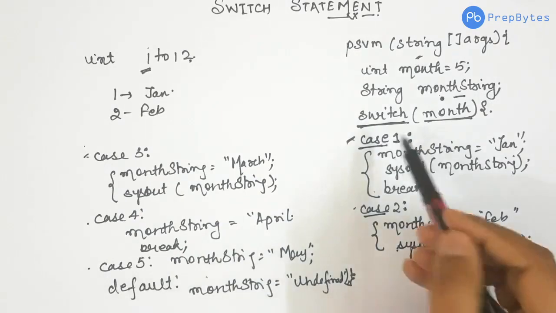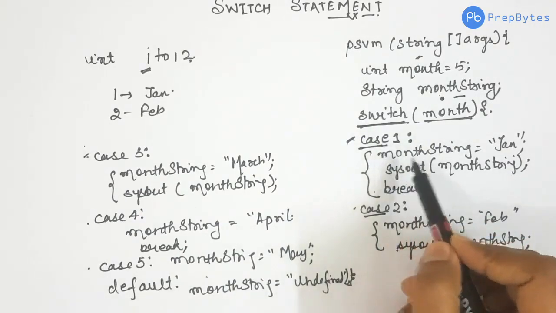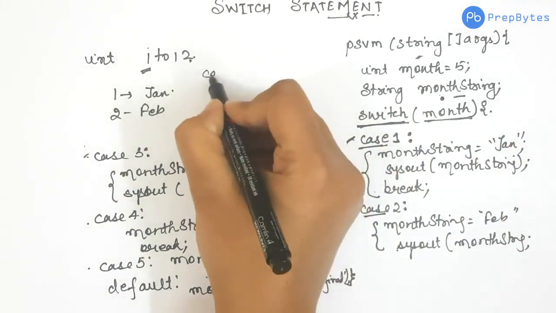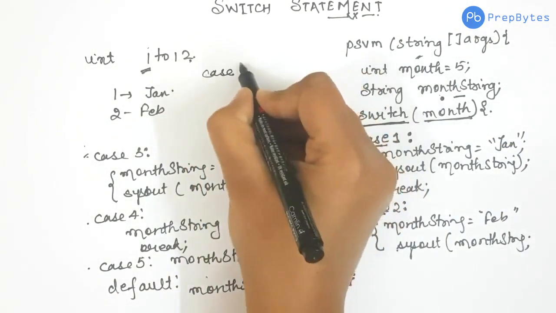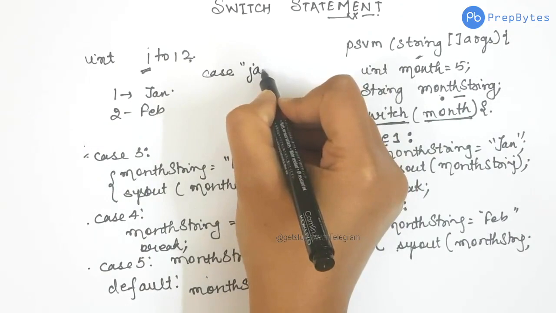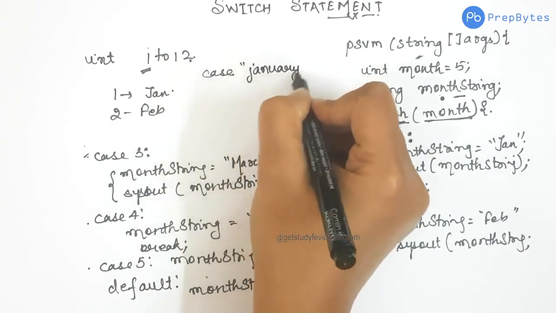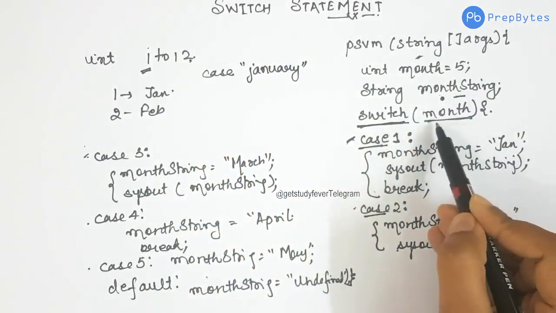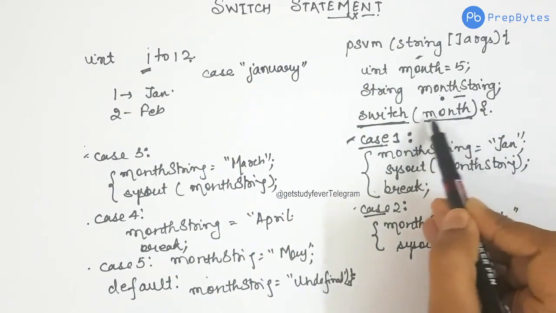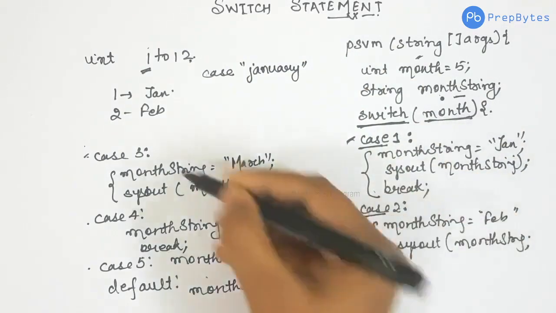In that case we could have written case January. So depending upon the data type of this particular variable, the value here changes.